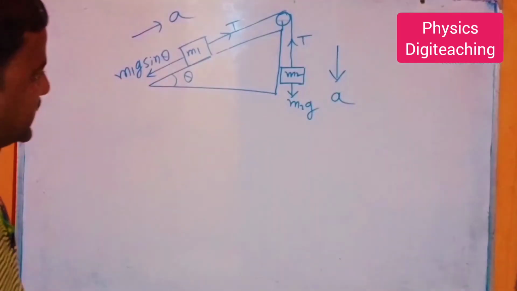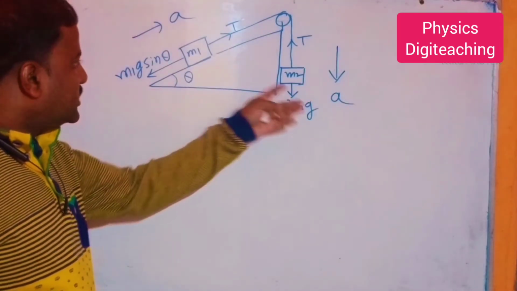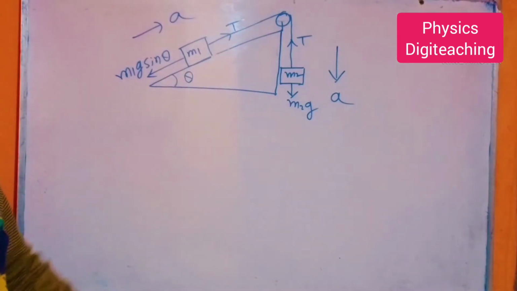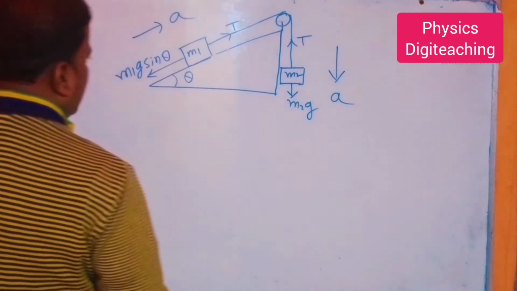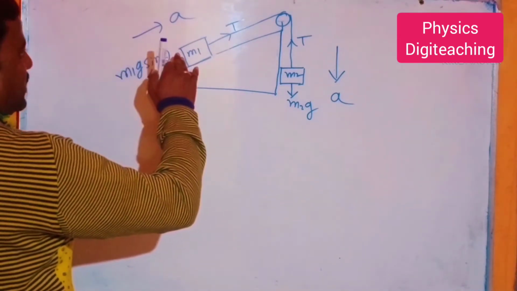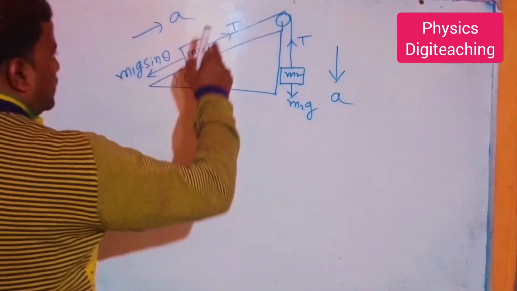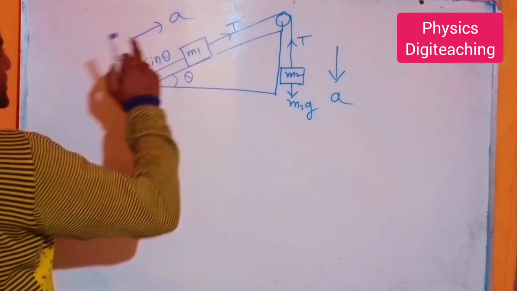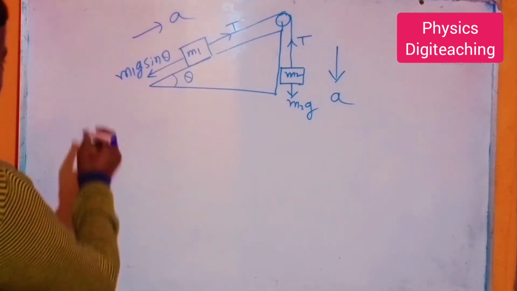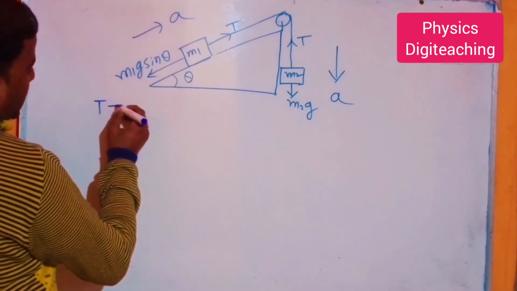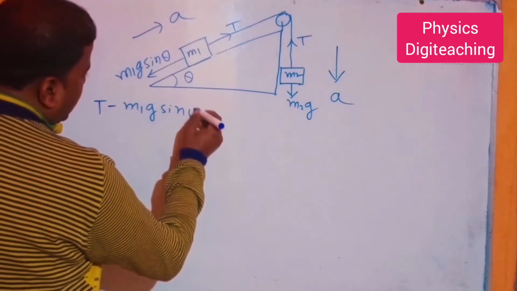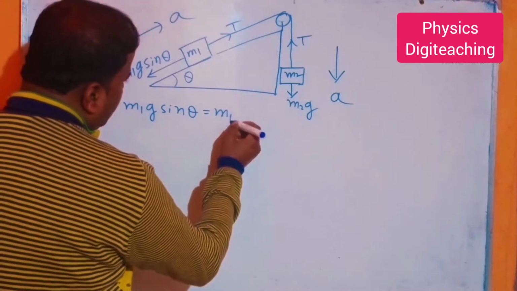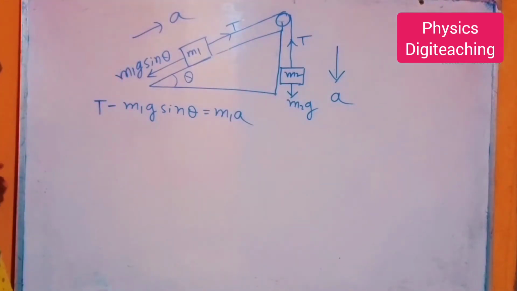Now we set up two equations for the two bodies of masses, as earlier. First of all, the equation for mass m1: m1 goes upward under two forces, T and m1g sin theta. The net force is T minus m1g sin theta, and this is equal to m1 into a.